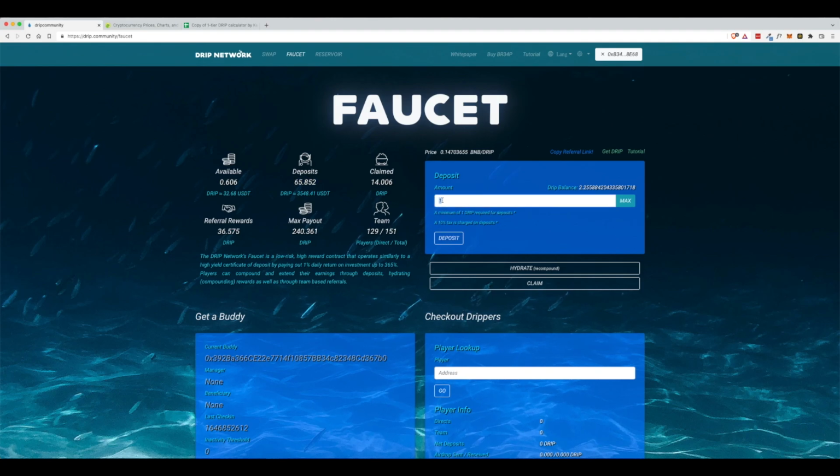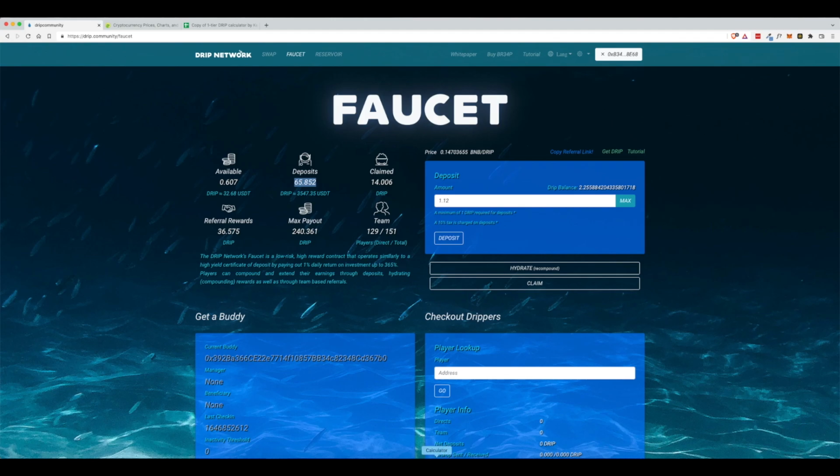You can just come back and deposit 1 DRIP token on your second time around. You don't need to do the 1.12 on the second time because you already have the 0.9 in your account. So all you need to do is deposit that 1 DRIP token and you'll be left with another 0.9 because you'll be charged 10% tax, and you'll be left with 1.8 DRIP tokens in your deposits.